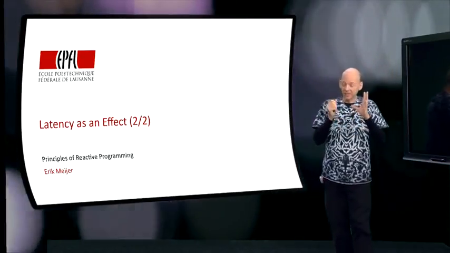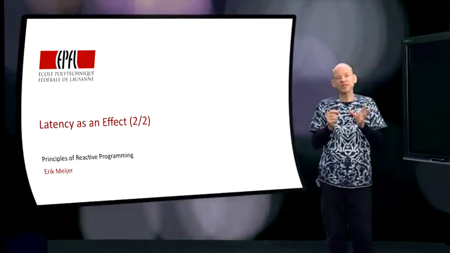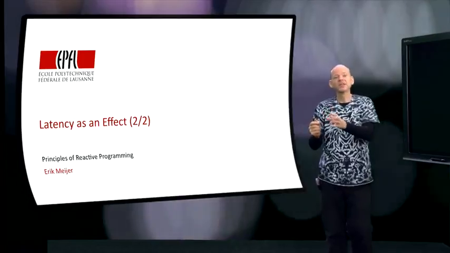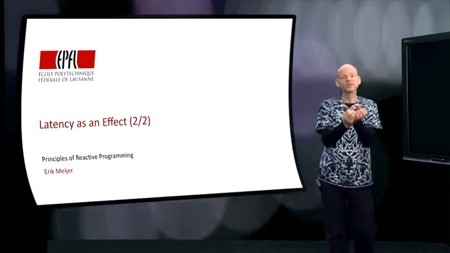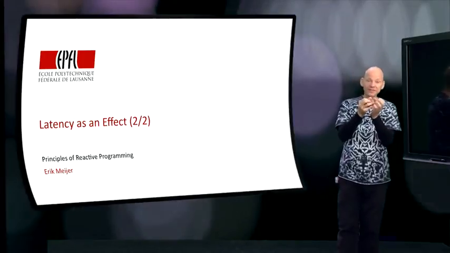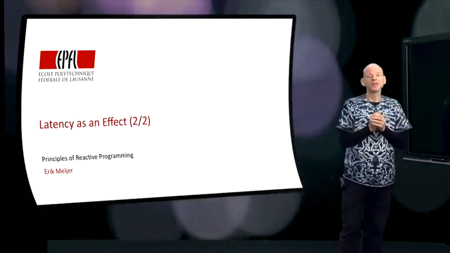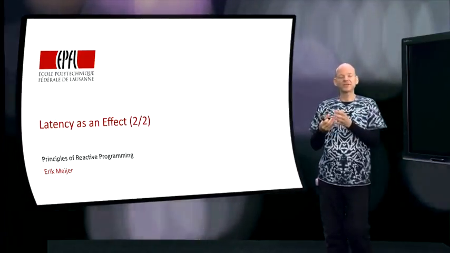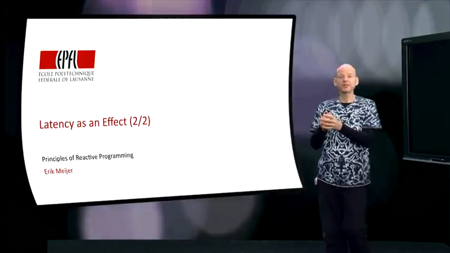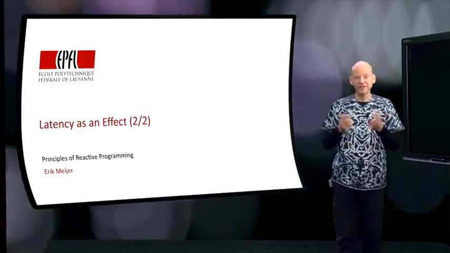And what we asked ourselves is, can we invent a monad to make this visible, to make the fact that there's latency visible in the type? Just like we did with the Try monad that made the fact that errors could happen explicit in the type. And the answer, fortunately, is yes.